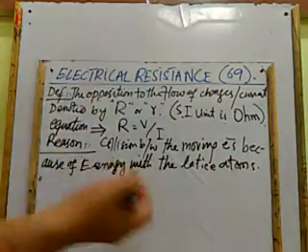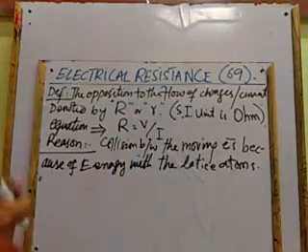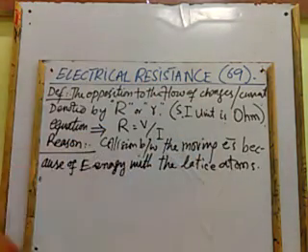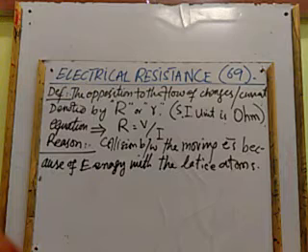Collision between the moving electrons inside the conductor and the lattice atoms is basically the reason for electrical resistance.